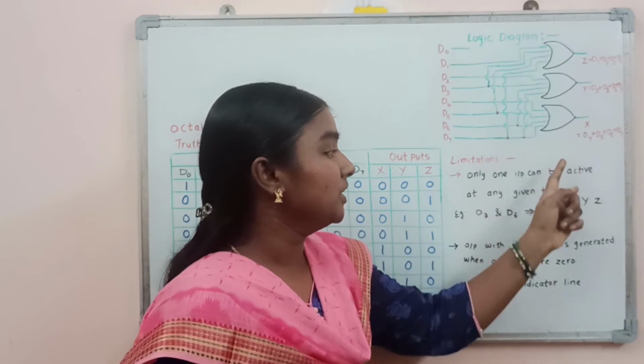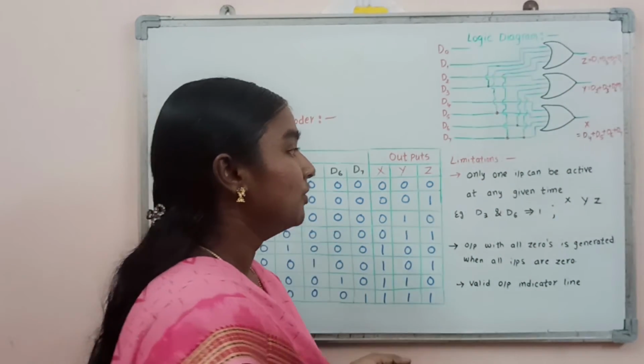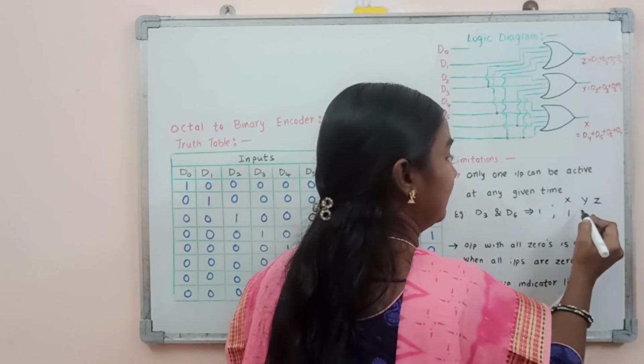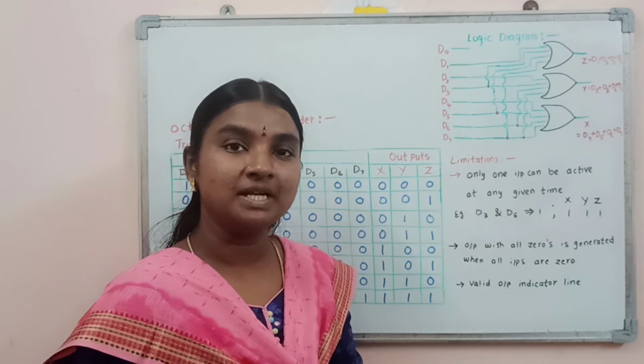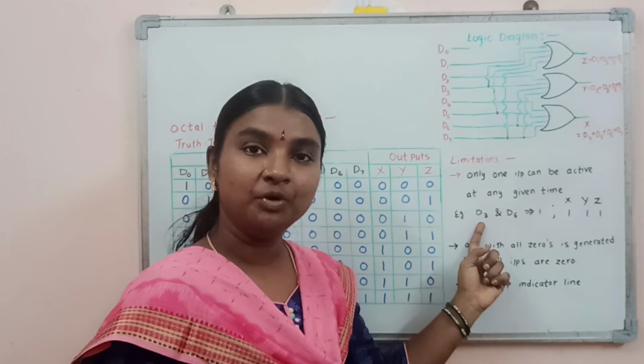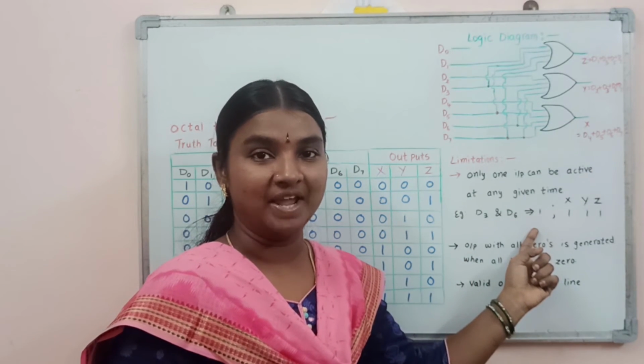It is going to generate the binary code 1, 1, 1. This binary code represents neither the D3 input line nor the D6 input line.